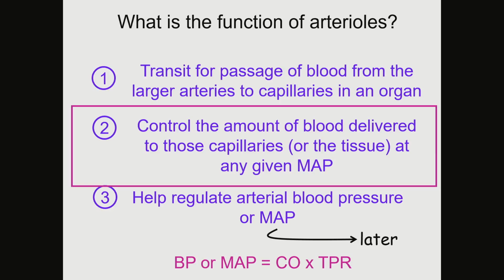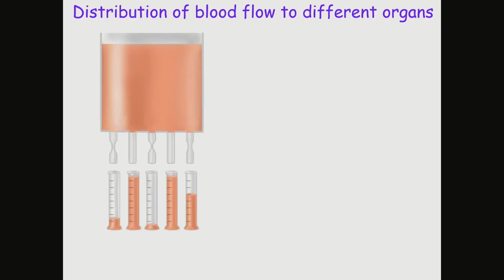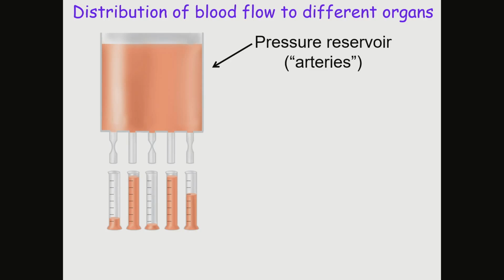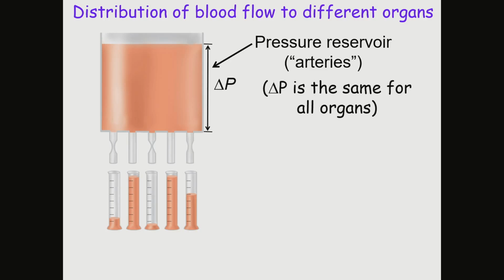Okay, so we're going to talk about number 2, distribution of blood flow to different organs. So this is just an example explaining how the arterioles can change the amount of blood flowing to a particular organ. Up at the top we have our arteries, our pressure reservoir, and the delta P is the same for all organs.